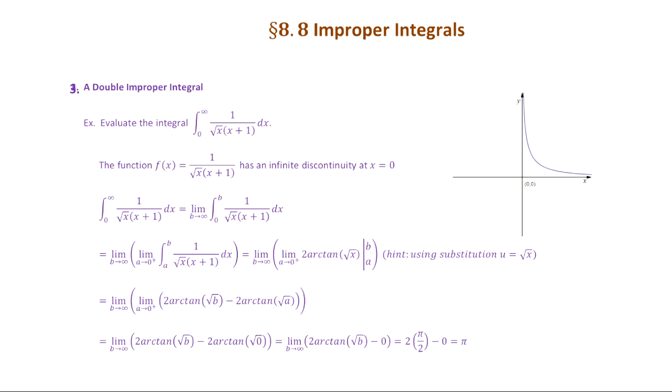As I think we showed in one example before, the curve of the arctangent function: the angle corresponding to this infinity value is pi over 2. Tangent of pi over 2 approaches infinity. What I'm saying is that arctangent of square root of b is pi over 2 when b approaches infinity. That's how you understand the arctangent function.